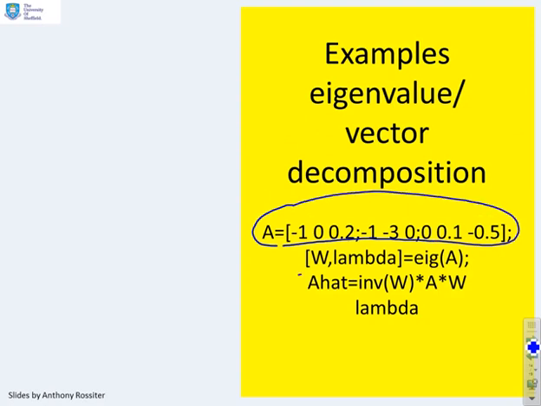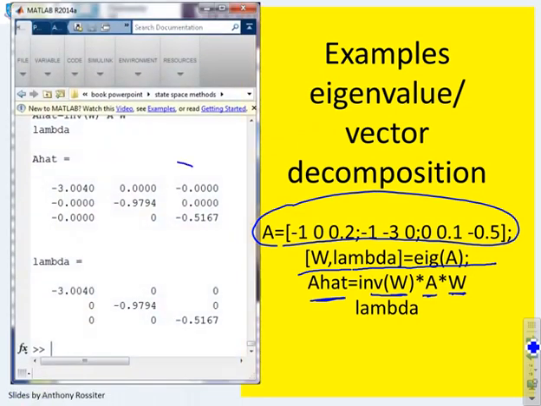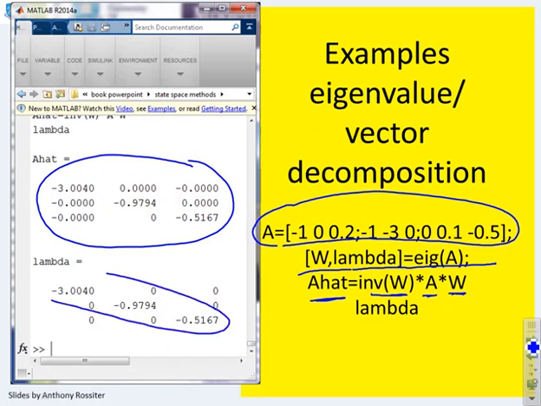First I find the eigenvectors and the eigenvalues. There they are. And then I define A hat as inverse W times A times W, and I compare it with lambda. And here's the results. You'll see that A hat, as expected, is in diagonal form, and what's it got on the diagonal? It's got the eigenvalues. So it's done exactly what I expected.